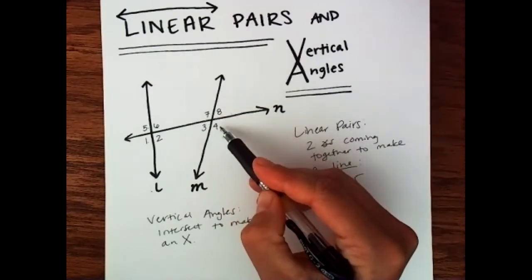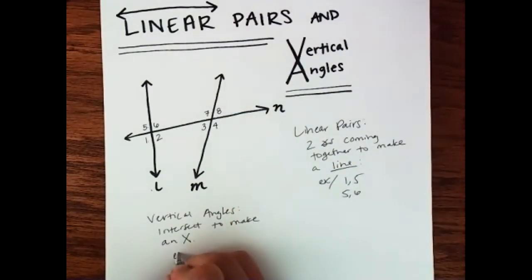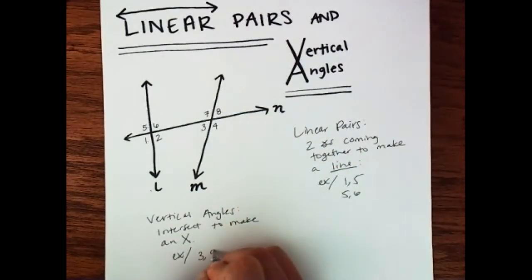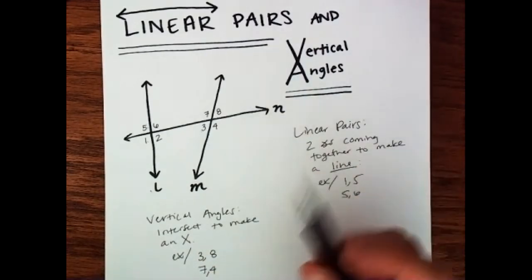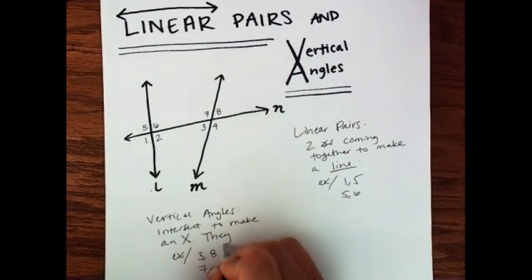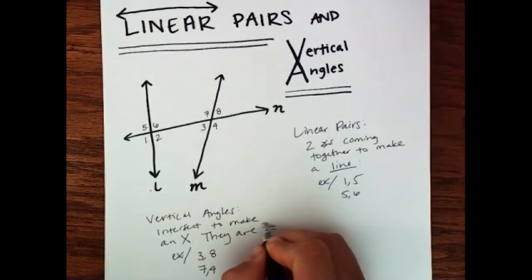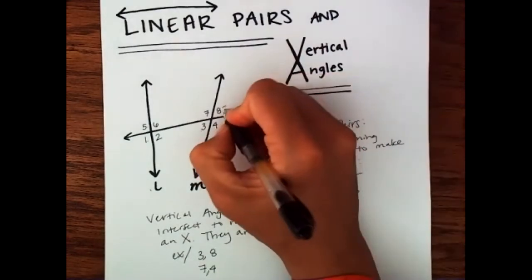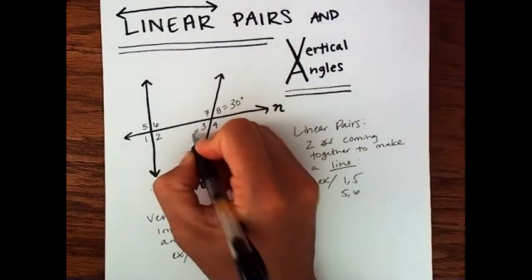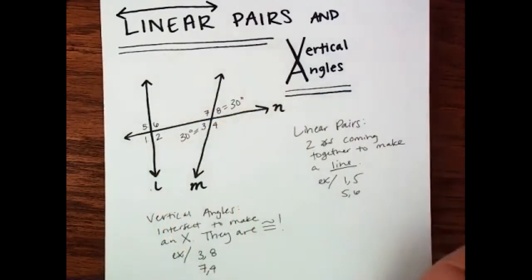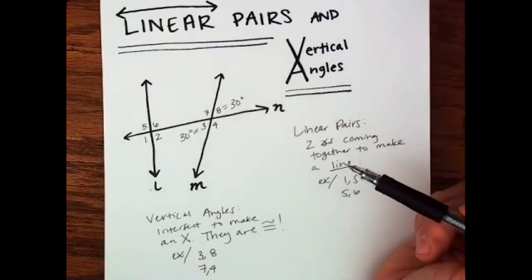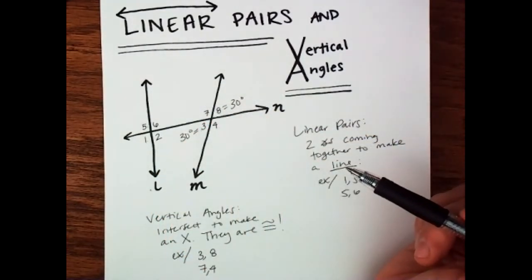So in this example, we could use angle 8 and angle 3, or you could use angle 7 and angle 4. And one key thing to always remember about vertical angles is that they have equal value. So let's say angle 8 is 30 degrees, angle 3 will also be 30 degrees. Same thing for angle 7 and angle 4. If they are across from each other and they are vertical angles, they will have equal value.